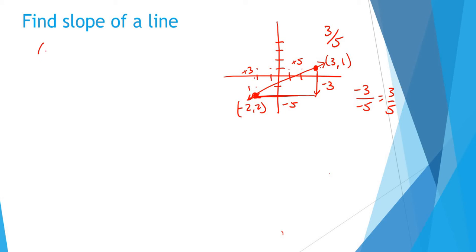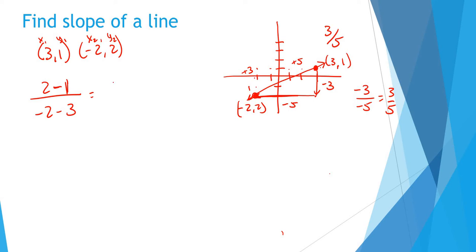If I use the actual ordered pairs, 3, 1 and -2, -2 in our formula, it would be y sub 2 minus y sub 1 over x sub 2 minus x sub 1. So I would get, what did I do wrong? I'm getting a different answer, which is not good.